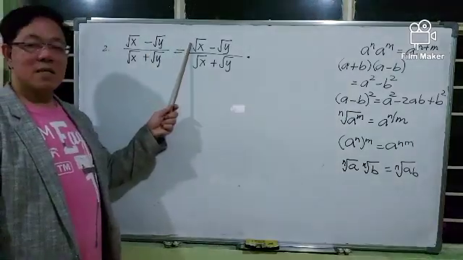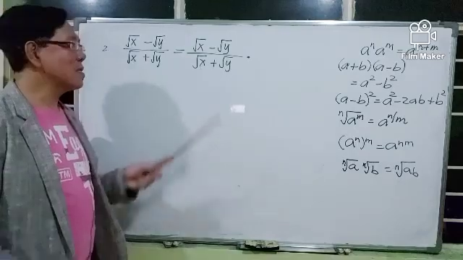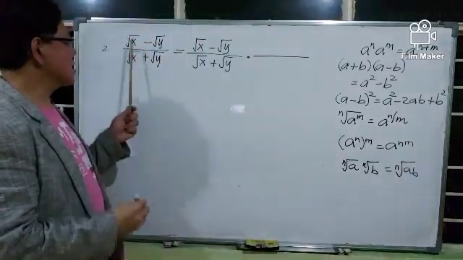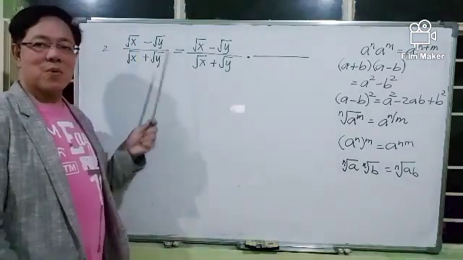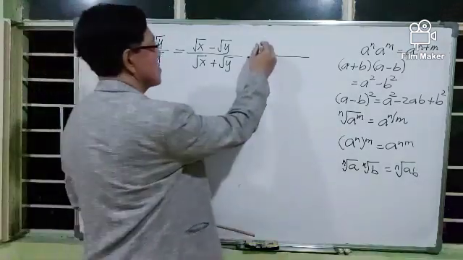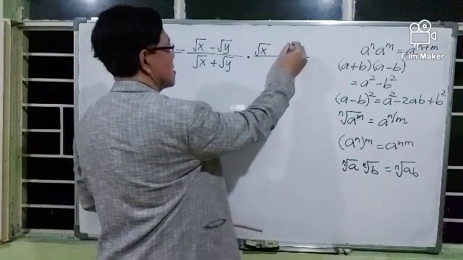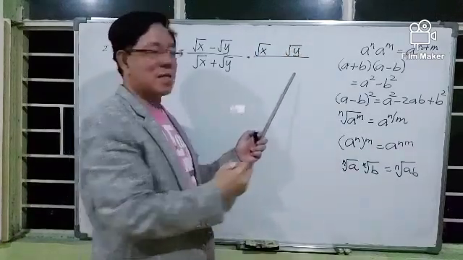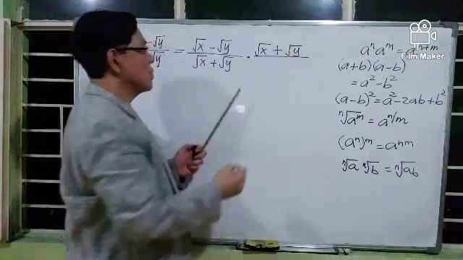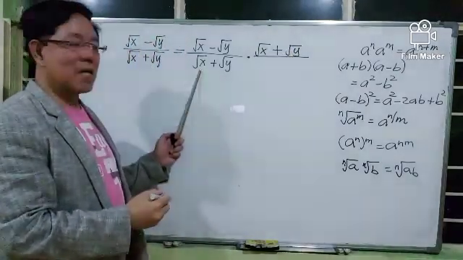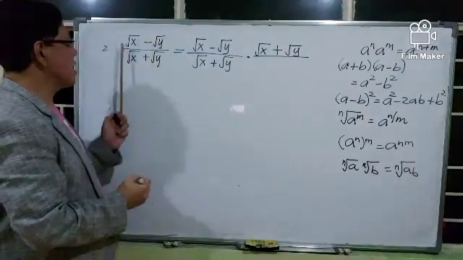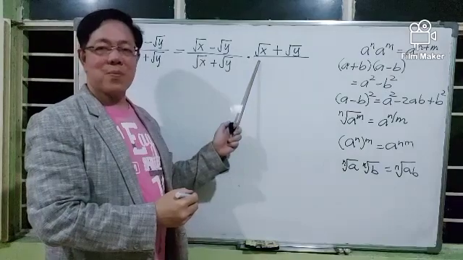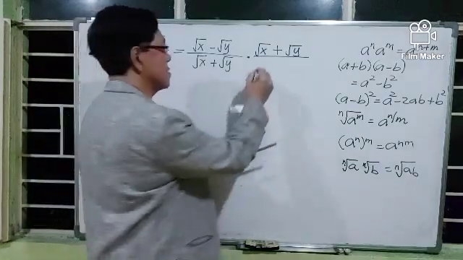So we multiply the numerator and denominator by the conjugate of square root of x minus square root of y, the same terms, square root of x and square root of y, but the sign between them is positive. We also multiply the denominator by the conjugate, which is square root of x plus square root of y.